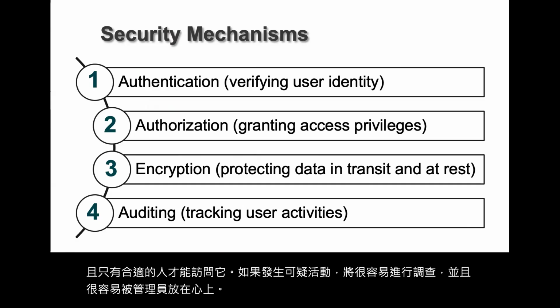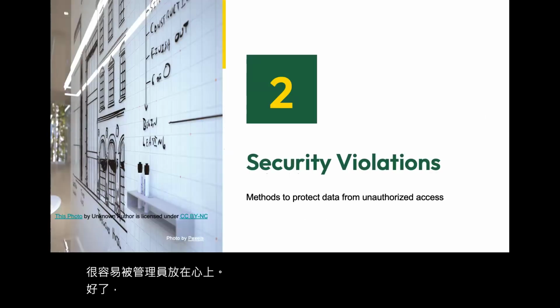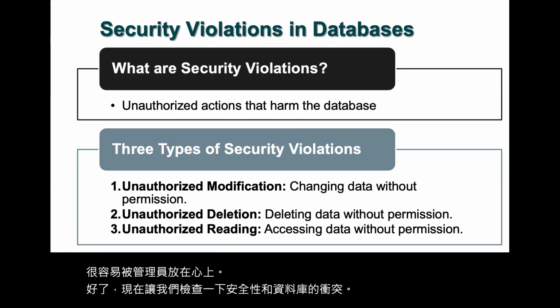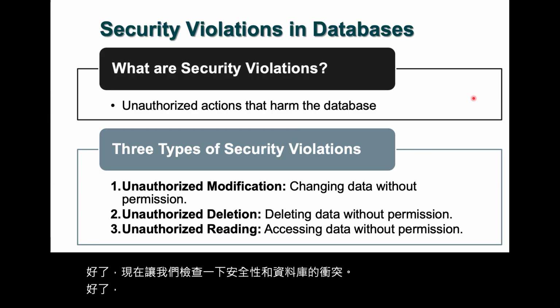All right, so now let's check the violation of the security in the database. So let's check what is a security violation. Let's check the description of the security violation.